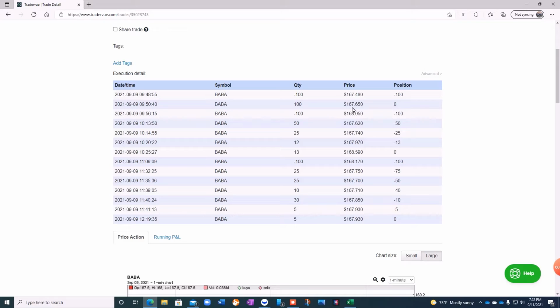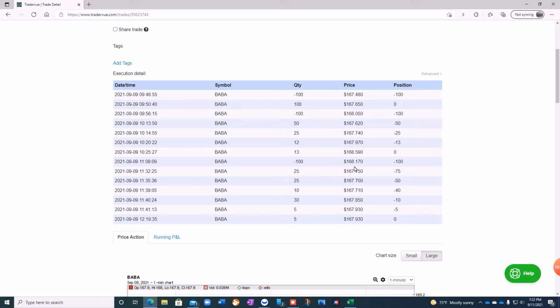And I bought in for a loss here. I sold at 167.48, bought in at 65 for a $17 loss here, and then I reshorted it again at 168.05 and bought half at 167.62, and then bought half of the remaining shares at 74, and 12 at 167.97, and then 13 the rest at 168.59.